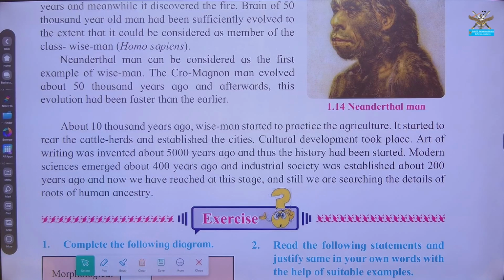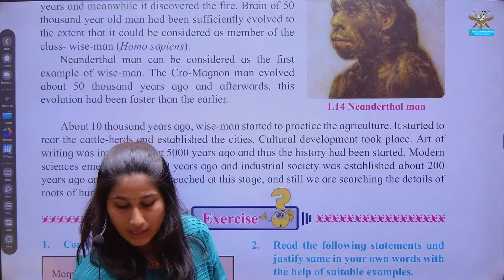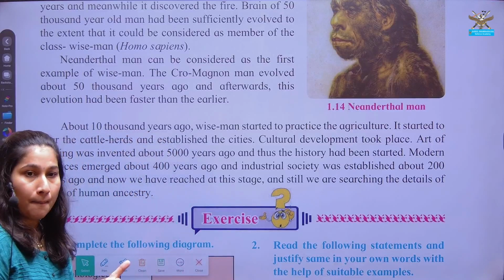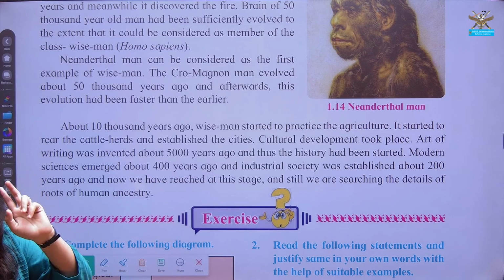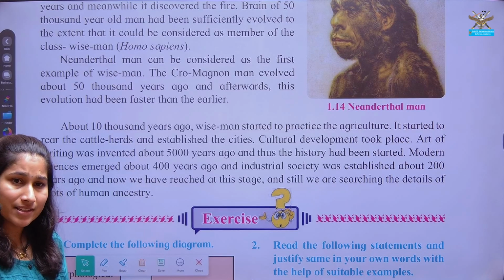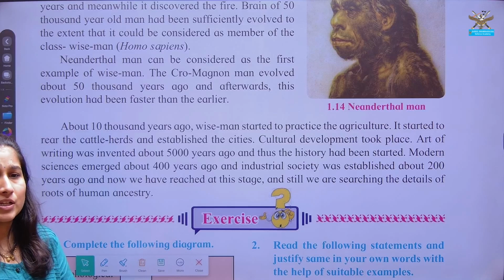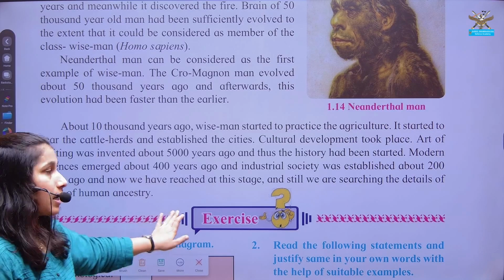We are the most dominant species on this earth with highly advanced brains, and these brains are now used to search and to form new technologies. Here completes our chapter.